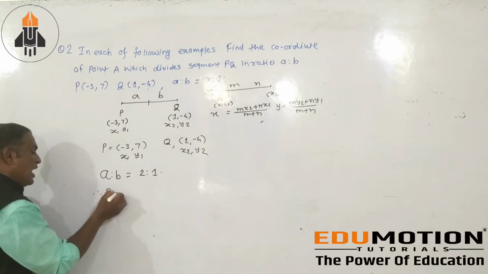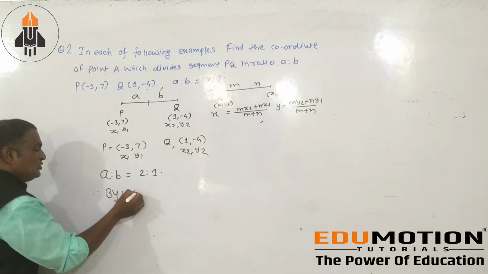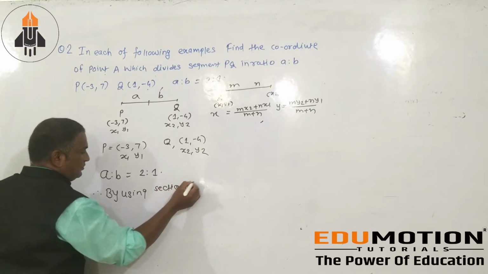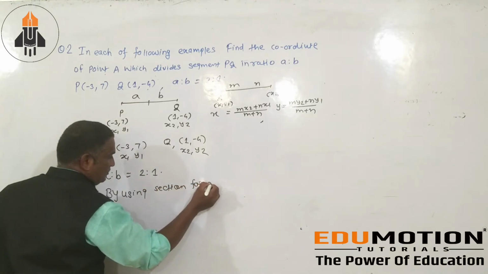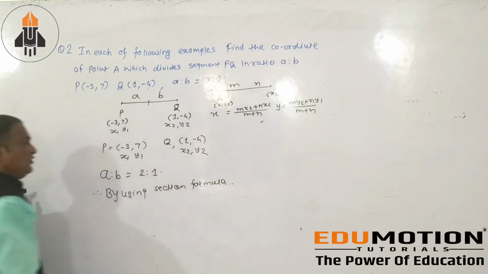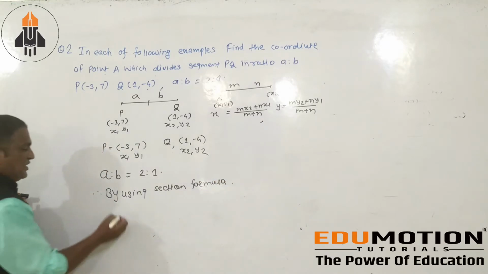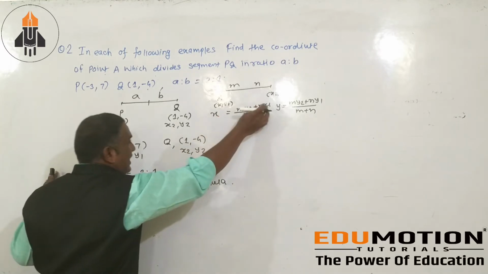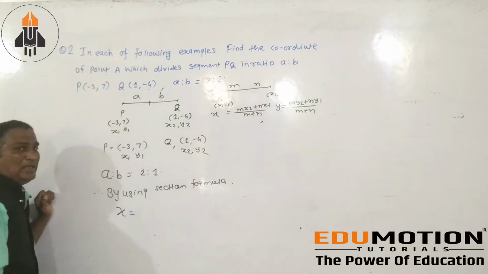Therefore, using सेक्शन फार्मूला, mx2 plus nx1 divided by m plus n.